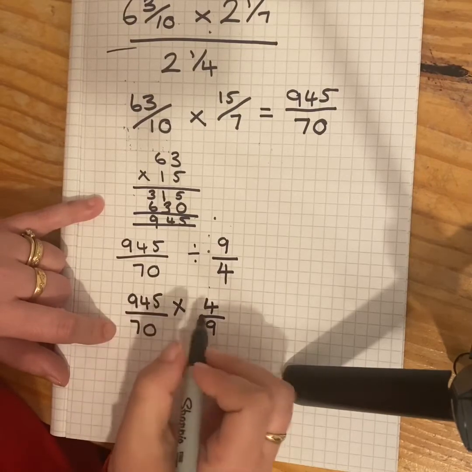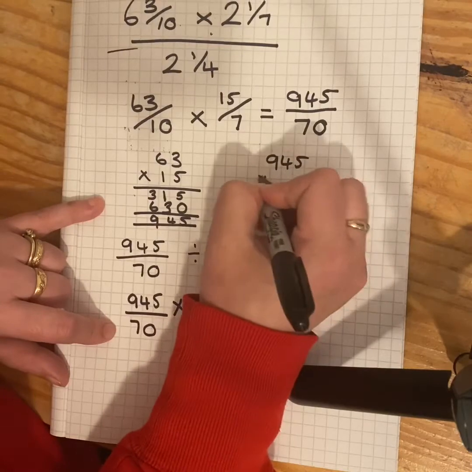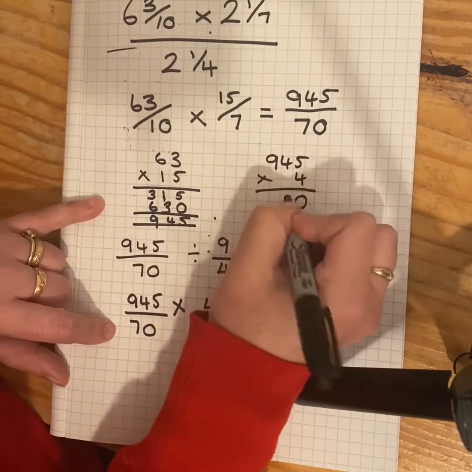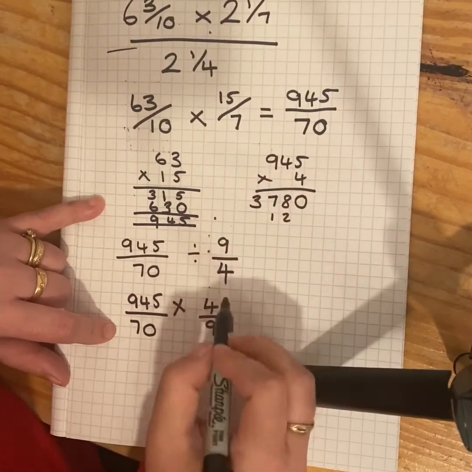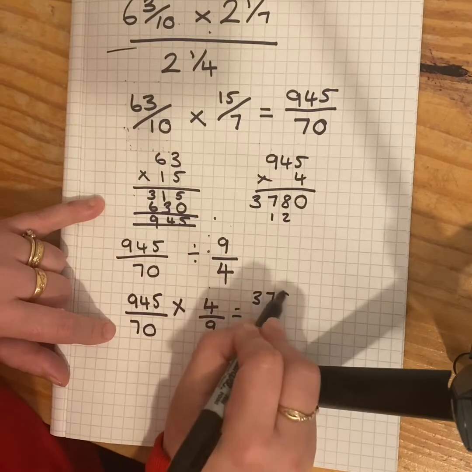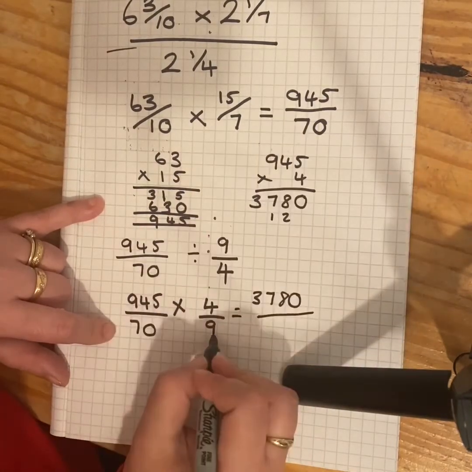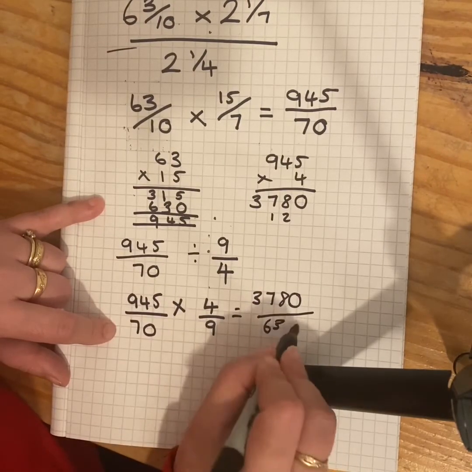So 945 times 4 is 3,780 over 70 times 9. Well, I know 7 times 9 is 63. So multiply that by the 10, 630.